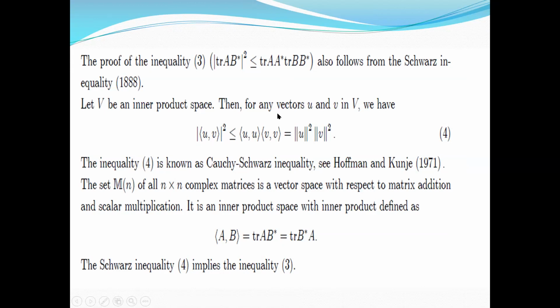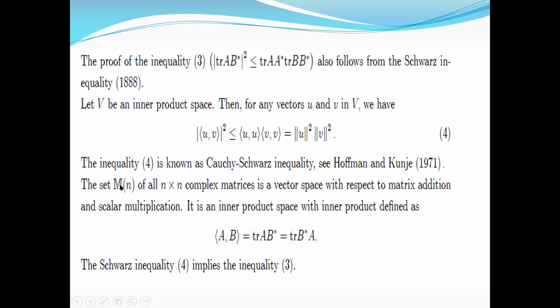In an inner product space, if U and V are any two vectors in V, then the modulus of the inner product of U, V squared is less than or equal to norm U squared times norm V squared, where norm U squared means inner product of U with U, and similarly norm V squared is the inner product of V with V. The inequality 4 is known as the Cauchy-Schwarz inequality.